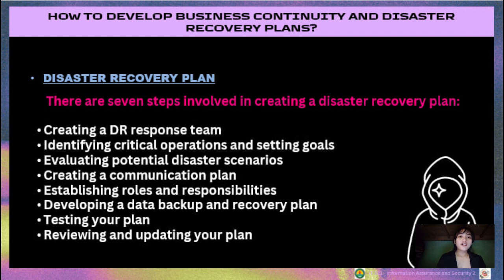Fourth one is creating a communication plan. The fifth one is establishing roles and responsibilities. Next is developing a data backup and recovery plan and testing your plan. And lastly is reviewing and updating your plan.